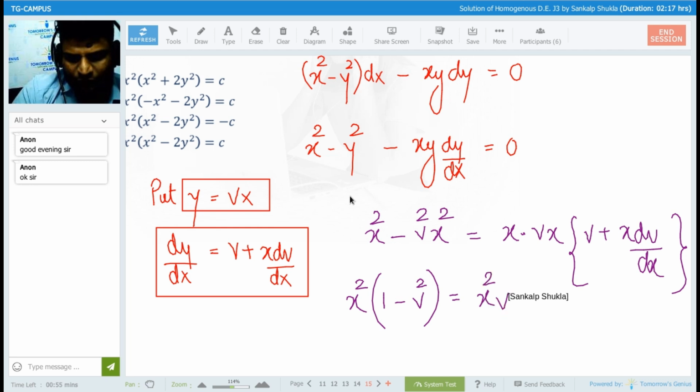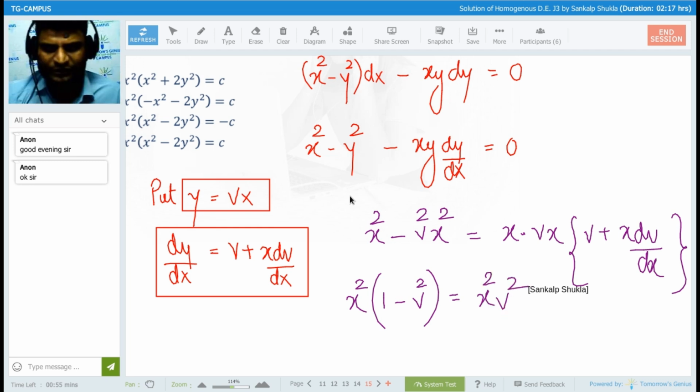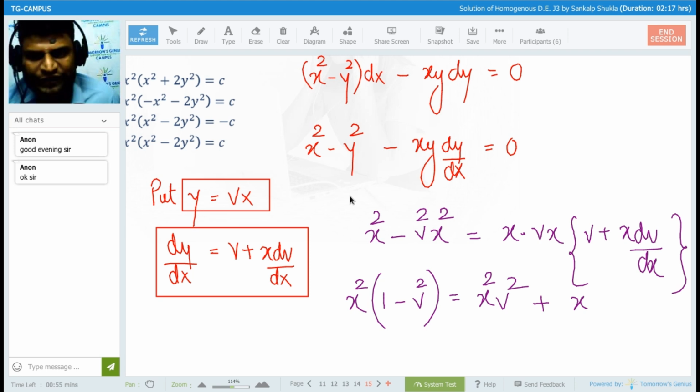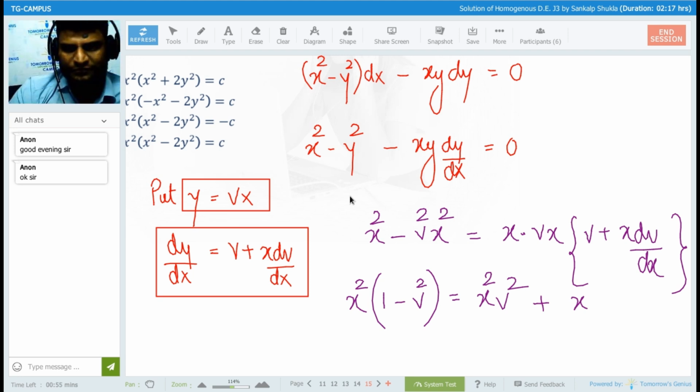Here x square into v square is there. And then here x square, see vx you have to write, so this will become x cube v dv by dx.